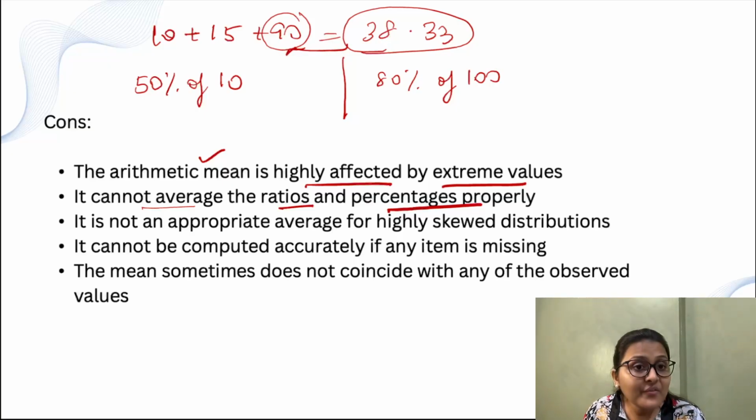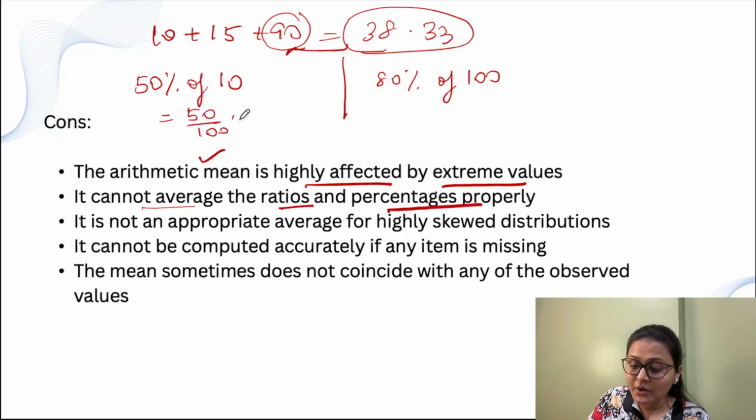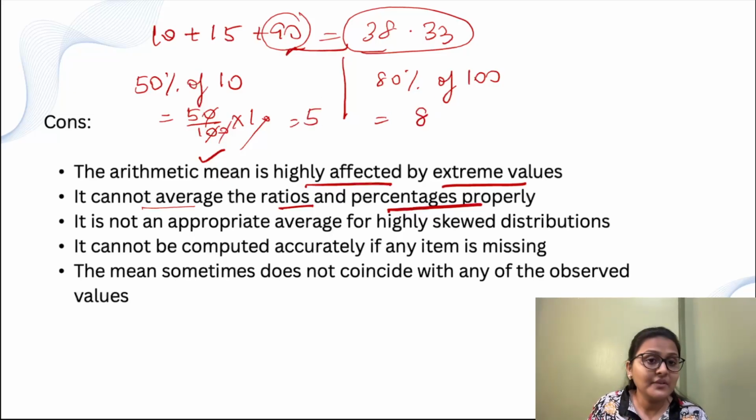So if we are going to solve this, 50% of 10 we are going to get as 5, and right, 80% of 100 we are going to get 80.